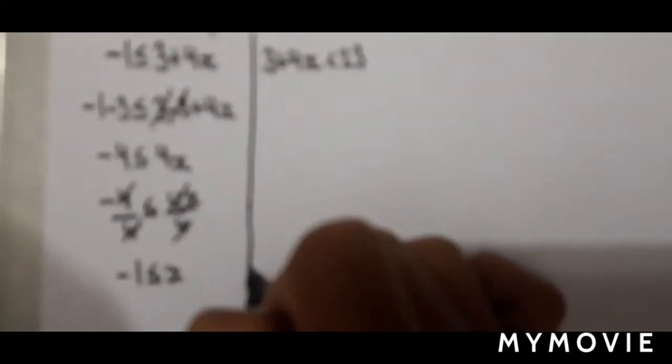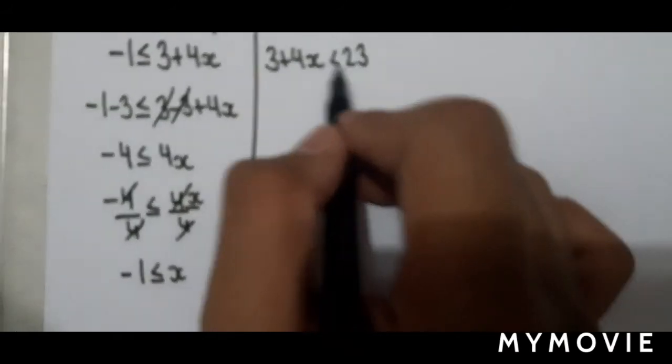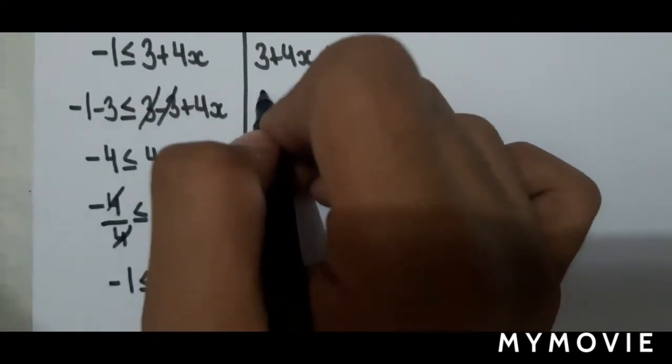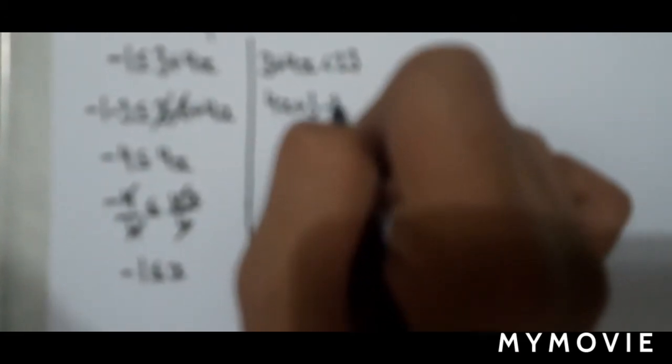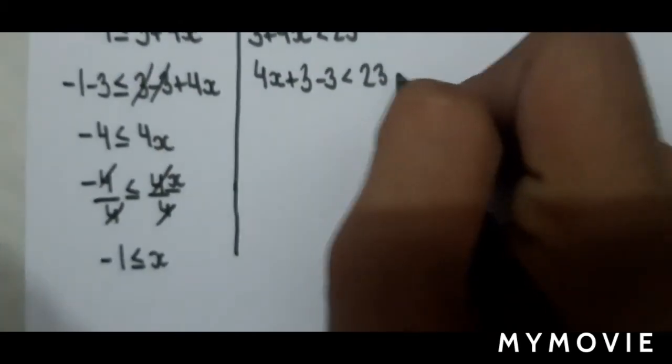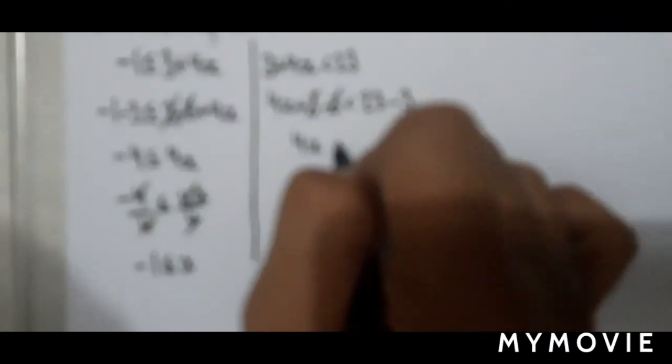And let's solve the other one. 3 plus 4x greater than 23. So let's solve it. Subtract 3 on both sides. This gets cancelled, and 20 will be the answer.